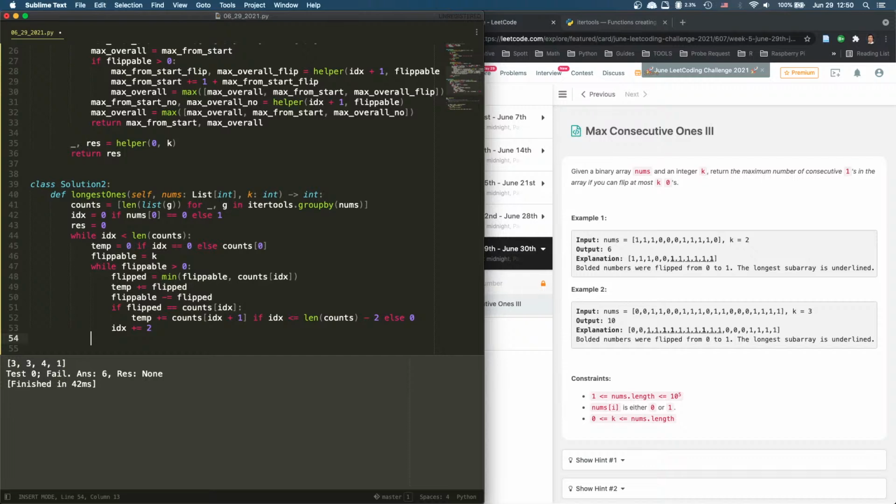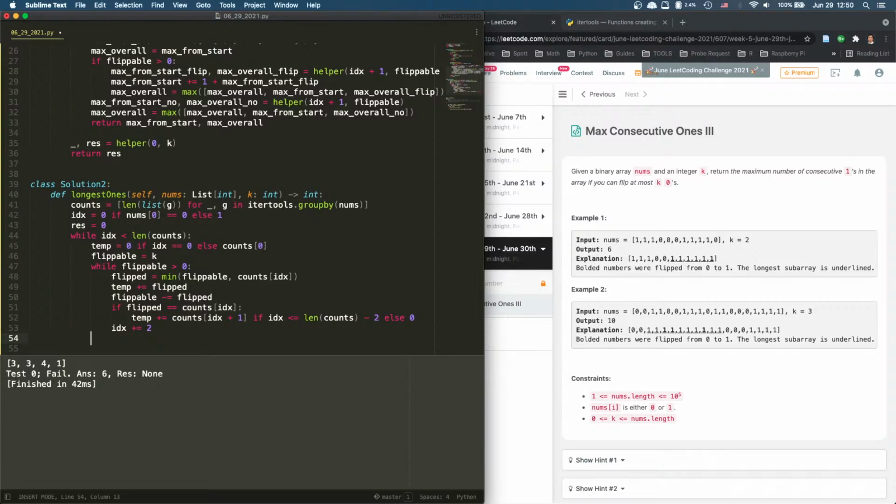Isn't this just a sliding window, right? Out the front, and then, hold on. How do we think about this in sliding window terms? So we have the total number. So we have current index.